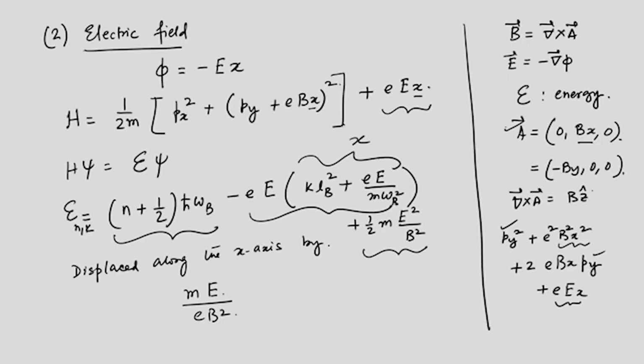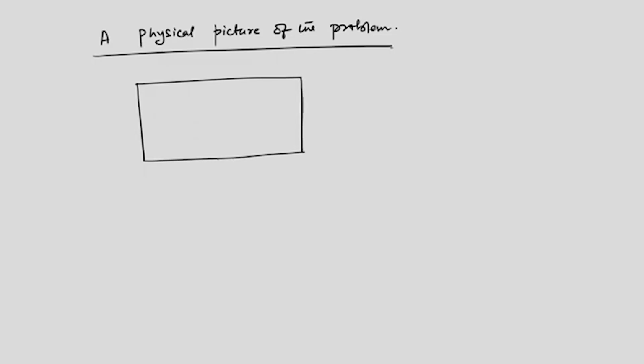Let me go and give you a physical picture. So the physical picture that emerges is that I have a 2D electron gas.